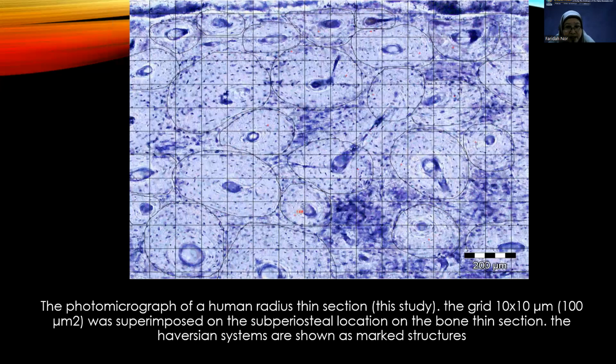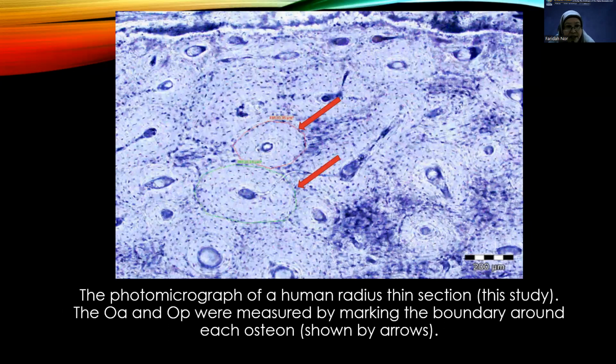This image displays a thin section showing a grid which has been used on the bone section to show how many deviation systems there are. And in this study, by outlining each osteon, you can actually count the area as well as the perimeter of each osteon.